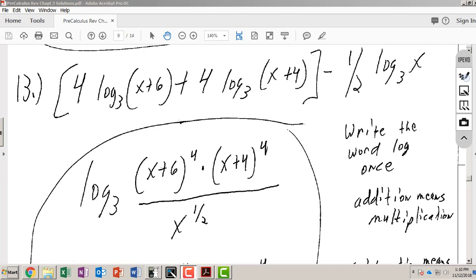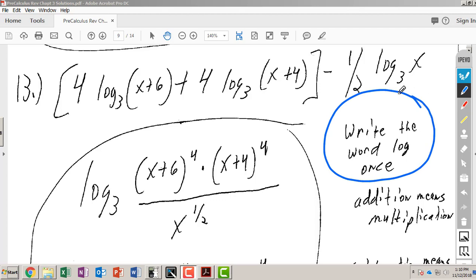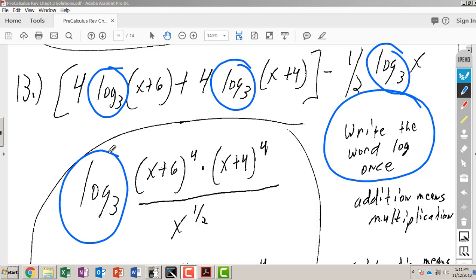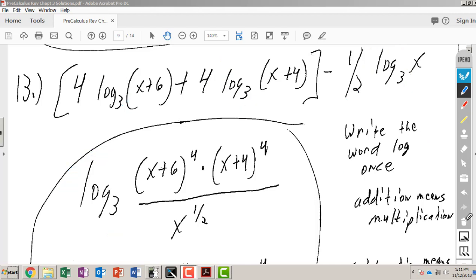Remember your rule, make sure that you write your word log one time only. Notice all these log base 3's are in each expression. I write log base 3 one time and one time only.